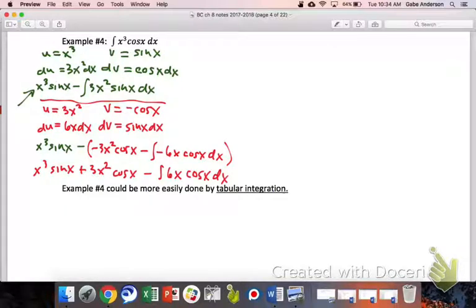So we're going to have x cubed sine of x minus 3x squared cosine of x minus, and then I'm going to put this in a slightly different color here. We'll go with this, 6x cosine of x dx, and I'll do ultraviolet voodoo with the blue integral, right?